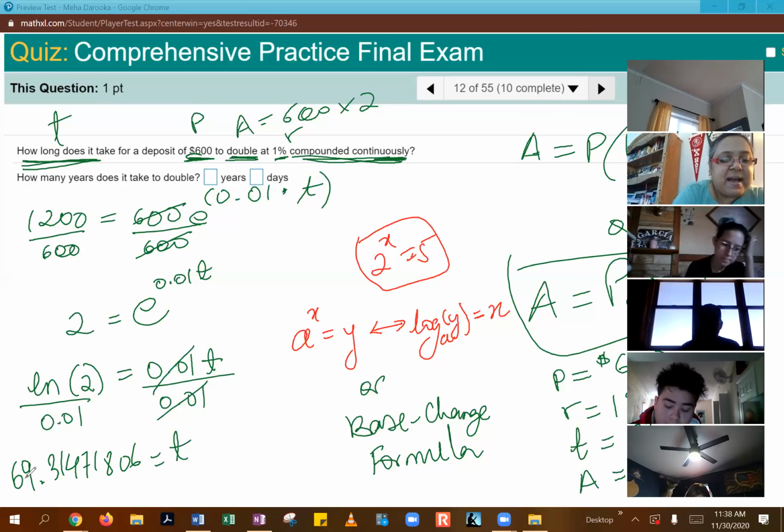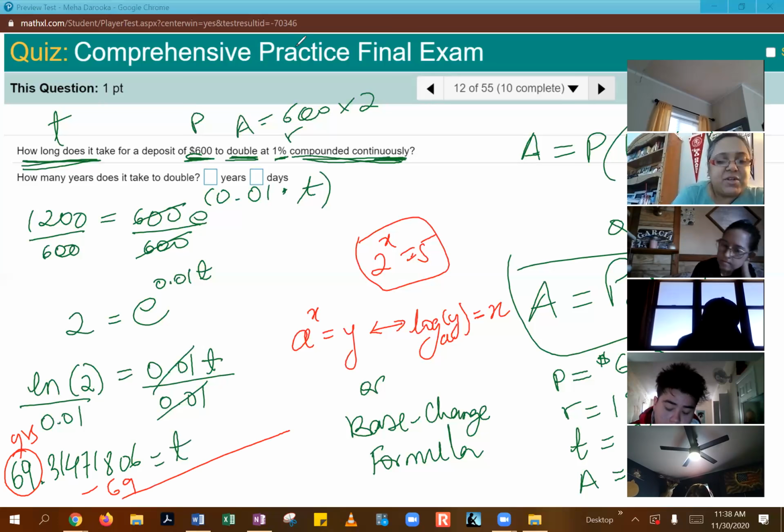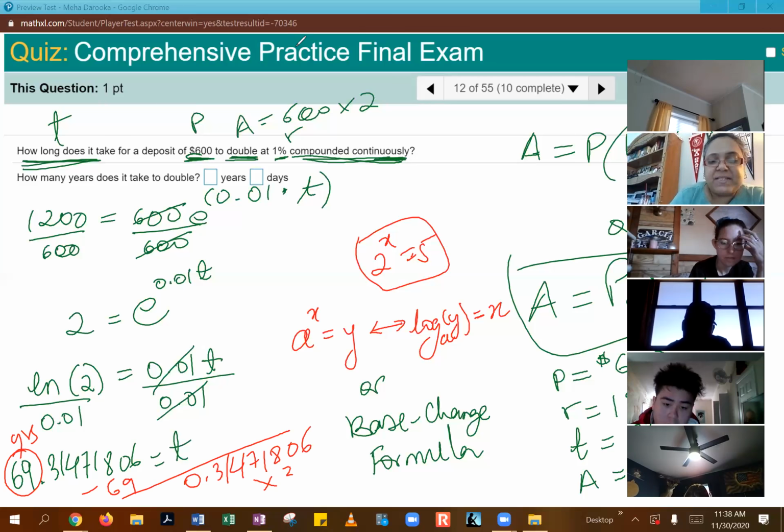So the 69 is going to be the number of years. So go ahead and subtract the 69 from this whole decimal answer. So you would end up with 0.31471806. Keep all of those decimals and just multiply it by 365, because there's 365 days in a year.